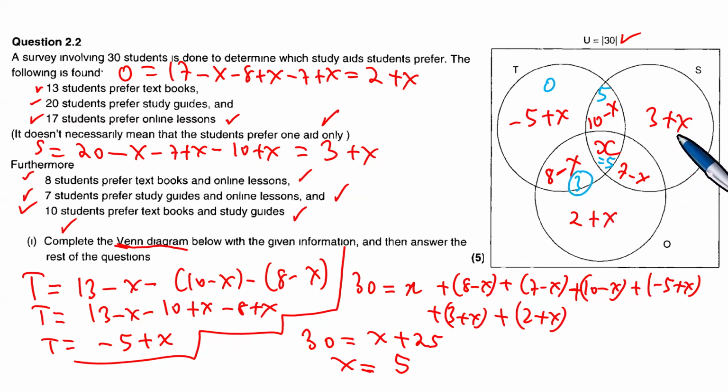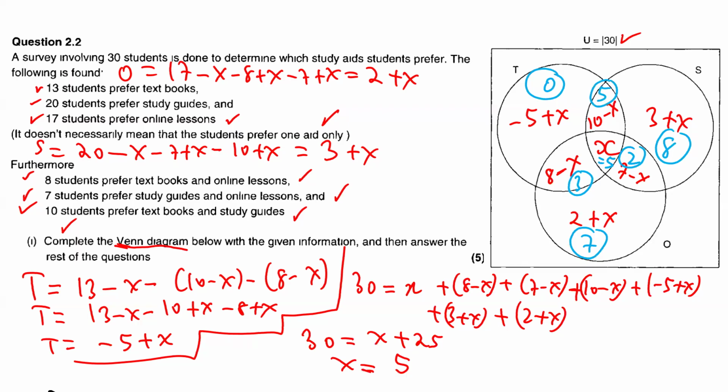Here you have 3 plus 5, which gives us 8. Then 7 minus 5 is 2, and 2 plus 5 is 7. These are the accurate elements of this Venn diagram, and then we will answer the questions that follow.